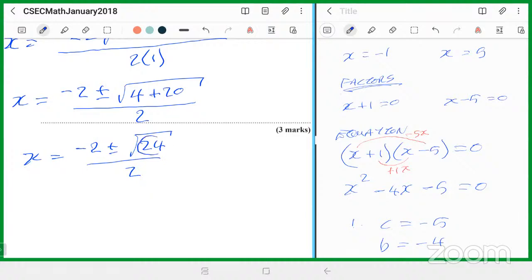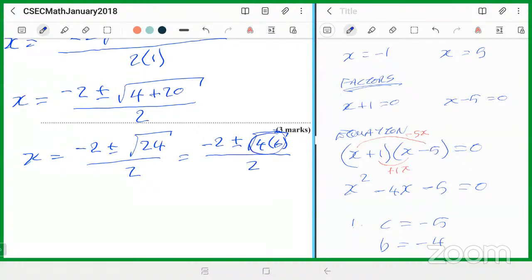Now see this 24 here, it is actually 4 times 6. So I'm going to write this as -2 plus or minus the square root of 4 times 6, divided by 2. That's what the 24 is.